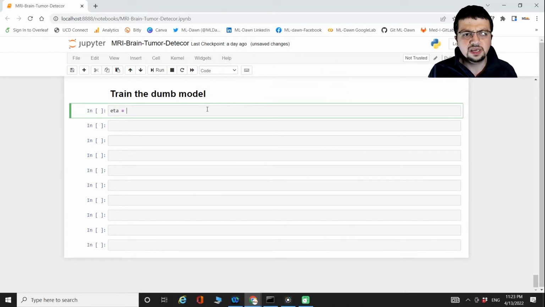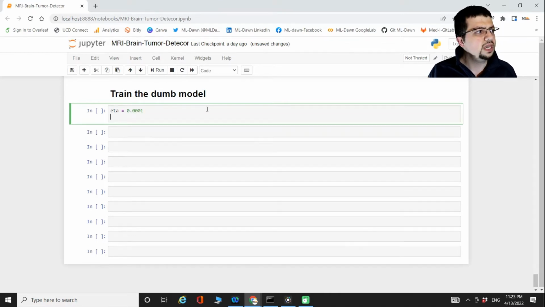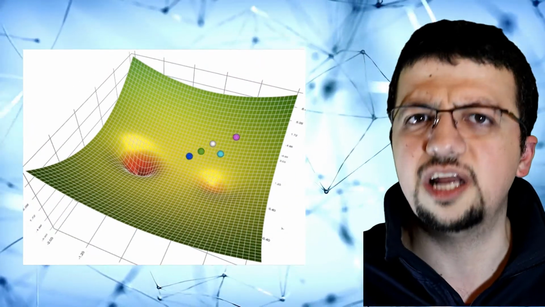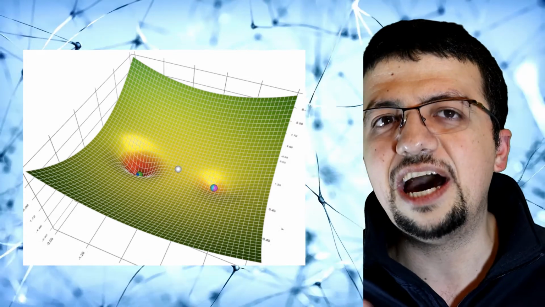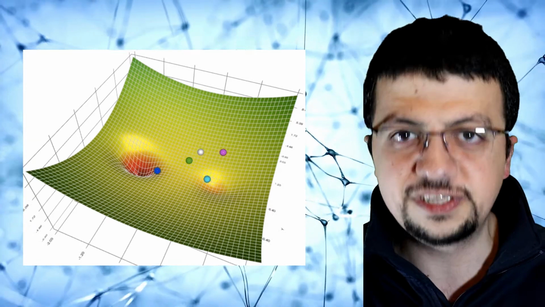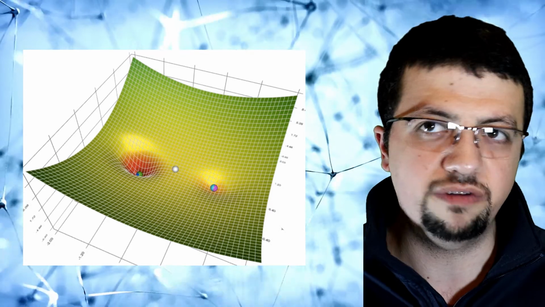So eta, learning rate, let's just define it as 0.0001. Right, and the optimizer. Now, one thing about the optimizer, what is an optimizer? The optimizer dictates how you walk on the error surface with the hopes of finding the global minimum or a very good local minimum, right? So when you compute the gradients during your back propagation, the question is, how am I going to incorporate this gradient with the values of my weights to update them?